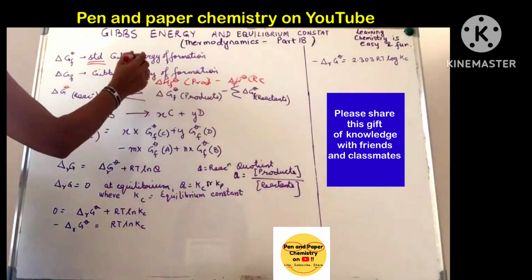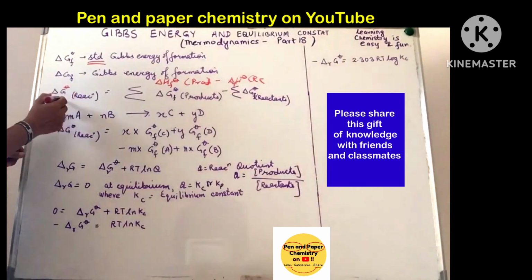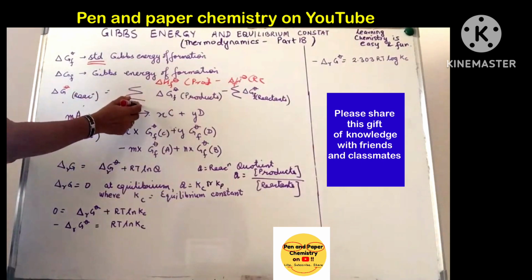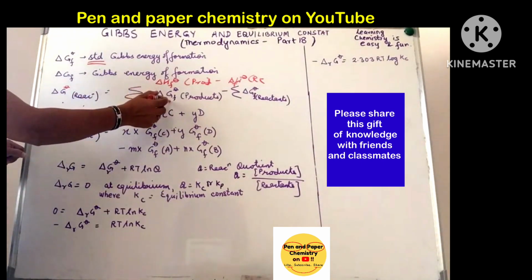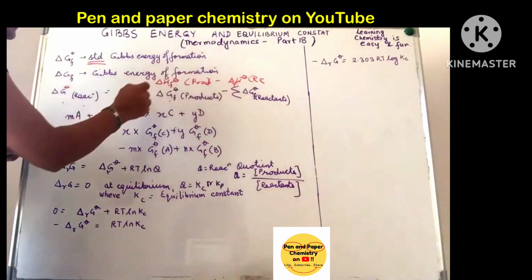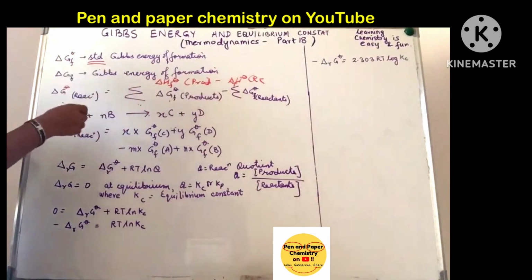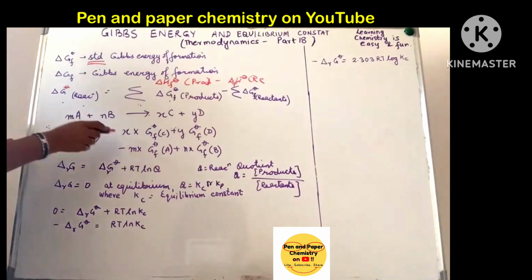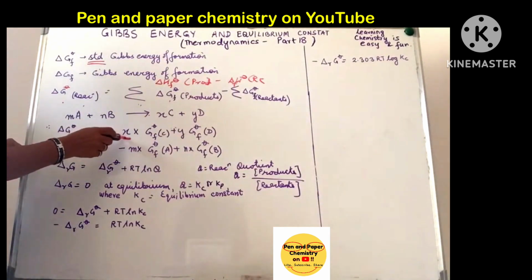Same way we had done for entropy also. If you have to find the Gibbs energy change for a reaction, we simply take the summation of the Gibbs energy change of products minus that of the reactants. Here, if you remember, it's again an extensive property depending upon the amount of the substance taken. So we will also remember to multiply by the coefficients, just like we've done in the case of enthalpy and entropy.